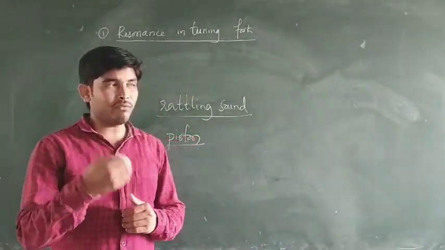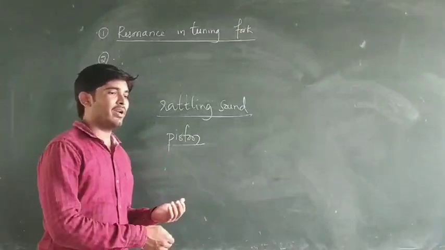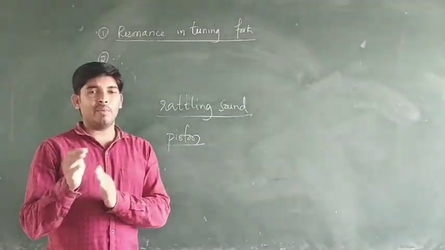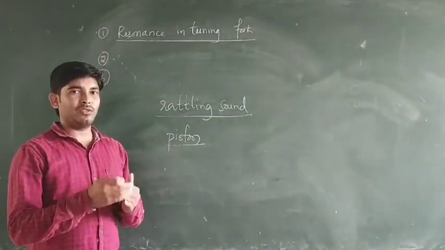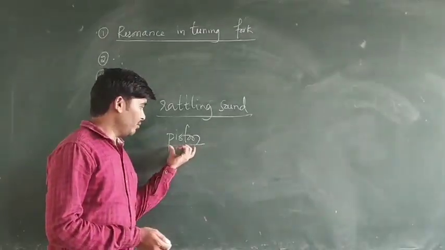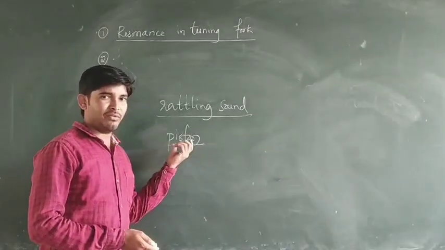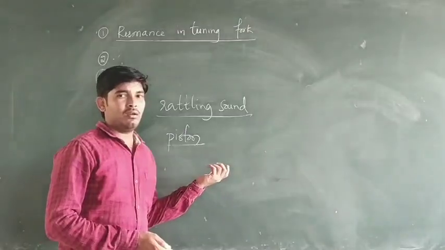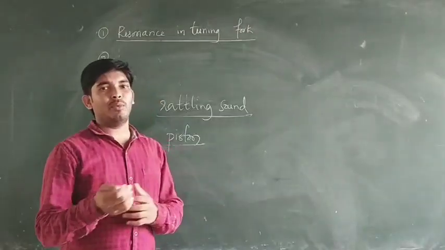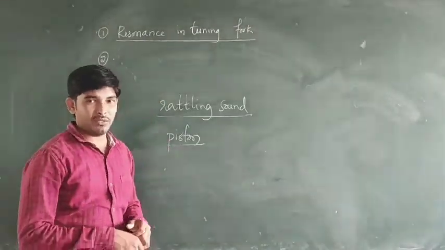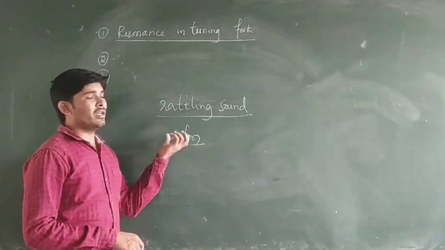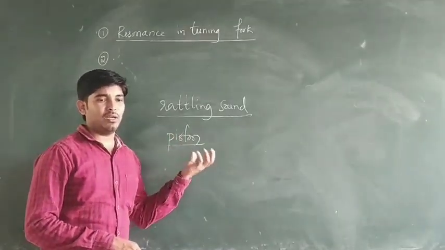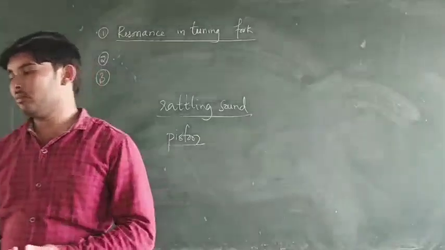If you change the speed of the vehicle, then the frequency of the vibrating parts of the vehicle does not become exactly equal to the frequency of the piston. So we can avoid the dropping out of parts of the vehicle. So this is how resonance takes place in a moving vehicle.